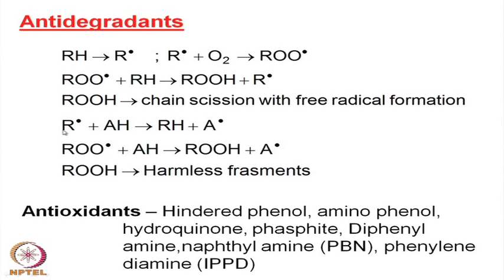So, even if some free radical is created, this antioxidant will revert it back to a rubber hydrocarbon, creating a new radical. This radical is harmless, because the structure and formula of these compounds is such that the electronic configuration of this radical stabilizes the free radical. This stabilized free radical is not as reactive as R dot, RO dot or ROH, etc. So, this is not harmful, this is harmless.